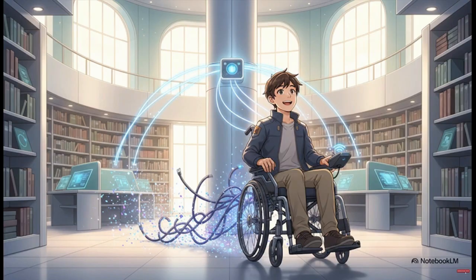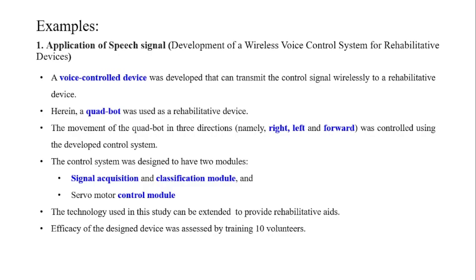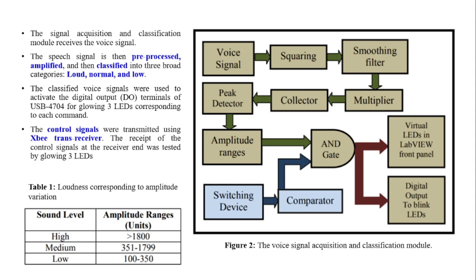Even for the wheelchair, if you have wired systems attached to your wheelchair, you will have a lot of jumbled wires. To avoid this wired complexity, we use a wireless system. This is the logic which has been given to you.